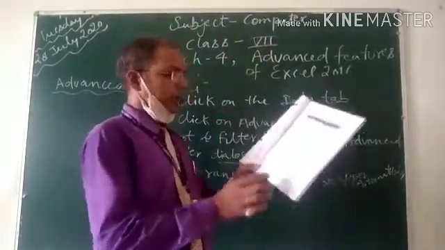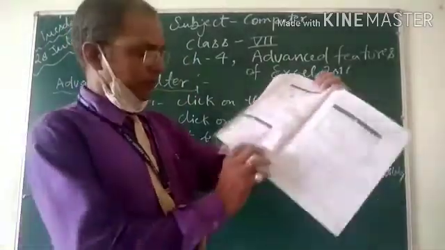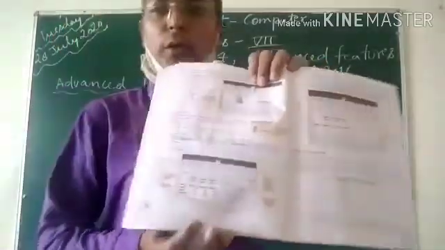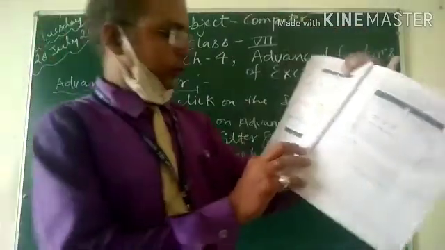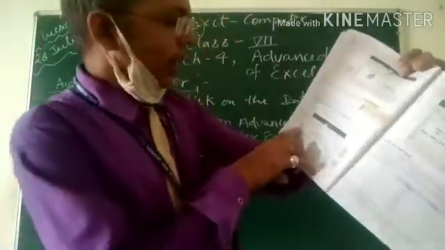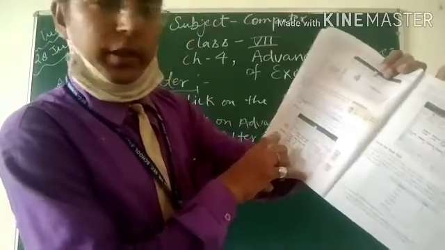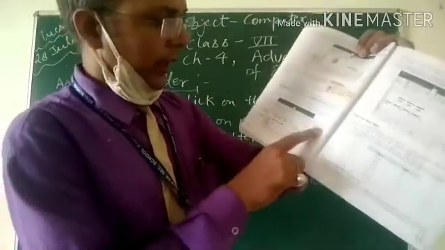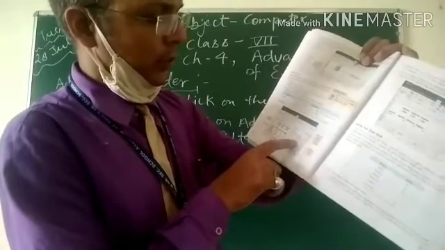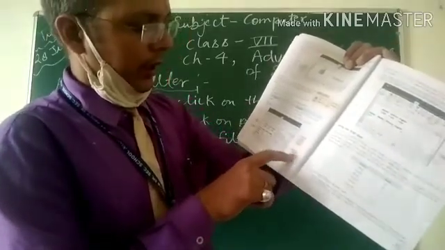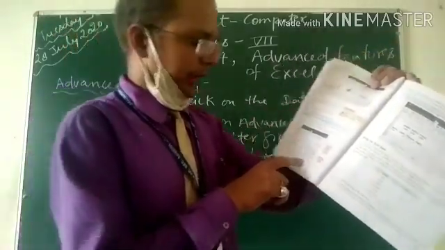So my dear student, this is figure number 4.7 and this is figure 4.8. You can see here criteria range, list range: enter the range which is to be filtered, enter the criteria range.